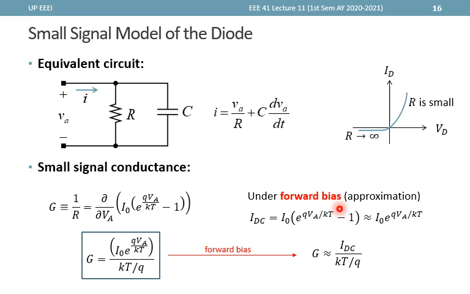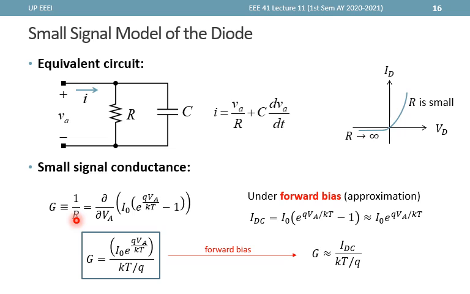And if we follow this at reverse bias, then IDC at reverse bias is minus I naught, the negative of the reverse saturation current, and therefore we'll get some negative G, and so negative resistance.